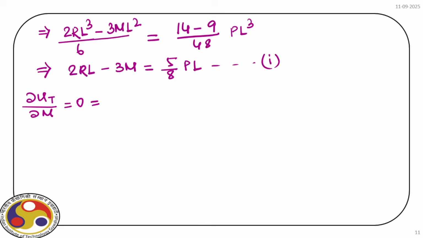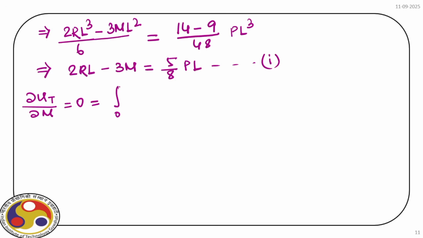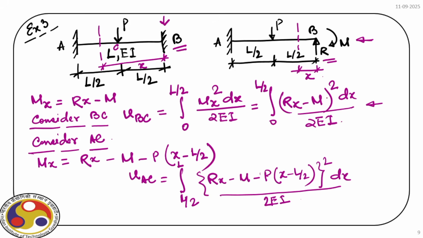So we'll have 0 to L by 2, and then you can see the term Rx minus M whole square.